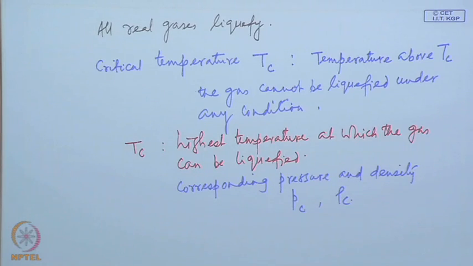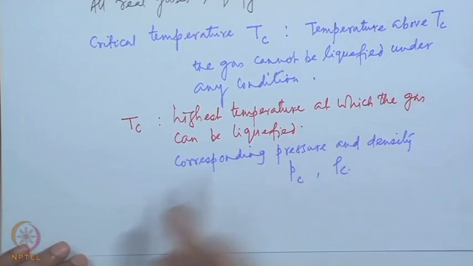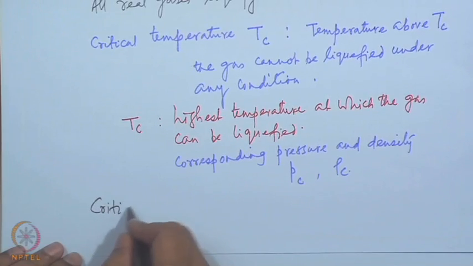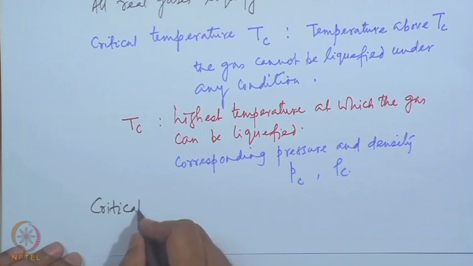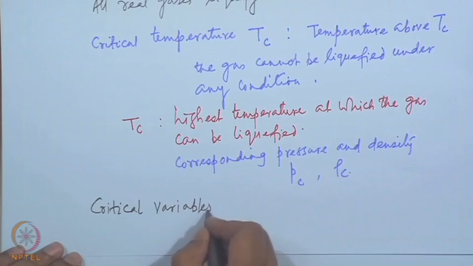Now, these critical variables are characteristics of a gas, that is, they are fixed for a certain gas, like an identity of the gas.